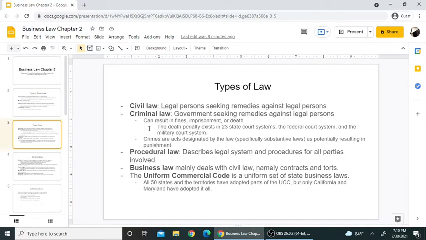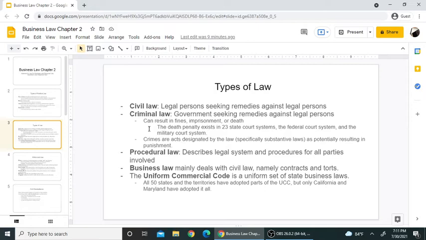So let's talk about some other terms related to the law. Civil law really describes the law relating to when certain court cases are decided, and the court cases are between two different legal persons.